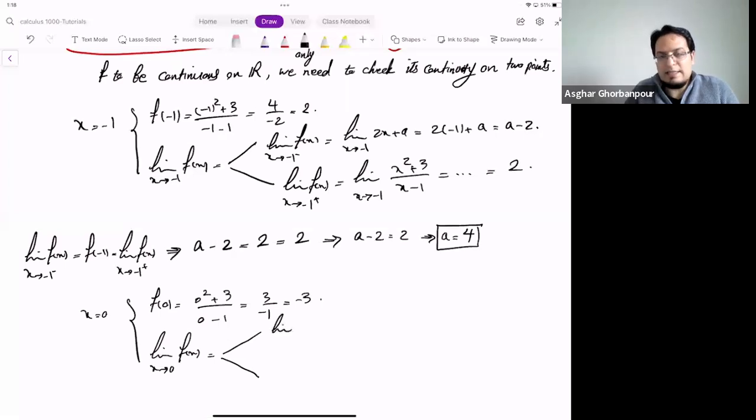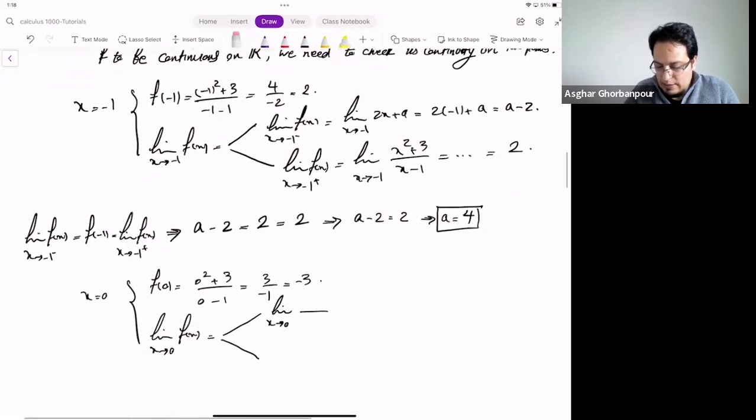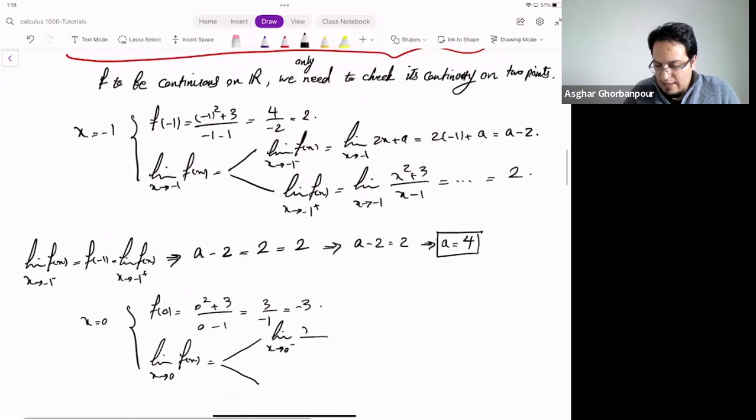Let me just do this, and then Adam, you can ask the question. From the left-hand side, I have x squared plus 3 over x minus 1, which gives 0 squared plus 3 over 0 minus 1, which is -3.